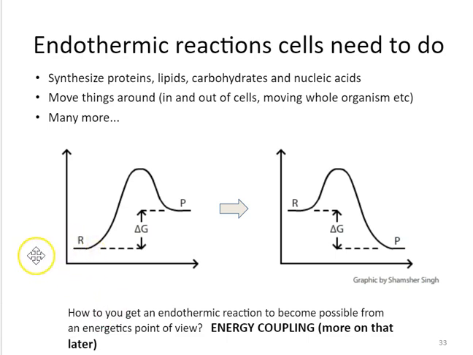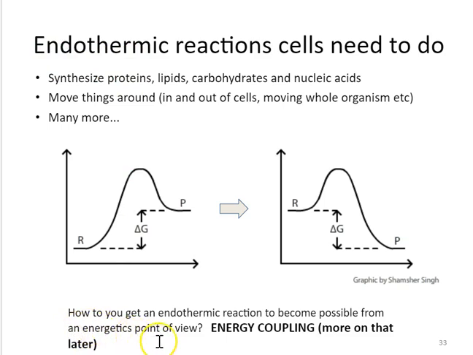But a little bit now, sorry. Endothermic reactions, examples of these are the synthesis of proteins, lipids, carbohydrates, and nucleic acids, or anything to do with transport, whether it's moving chemicals in and out of cells, or whether it's moving whole cells or structures around within a cell, and other things. There are all kinds of reasons that the cell or organism needs to run endothermic reactions.